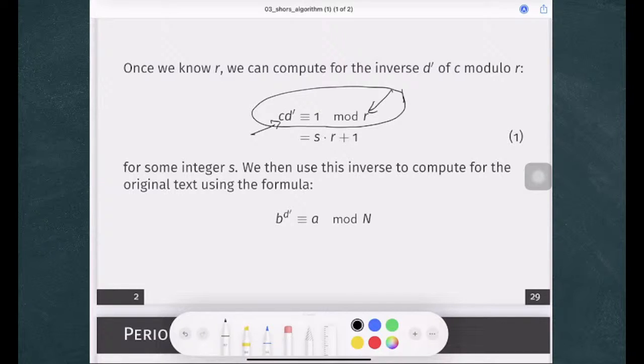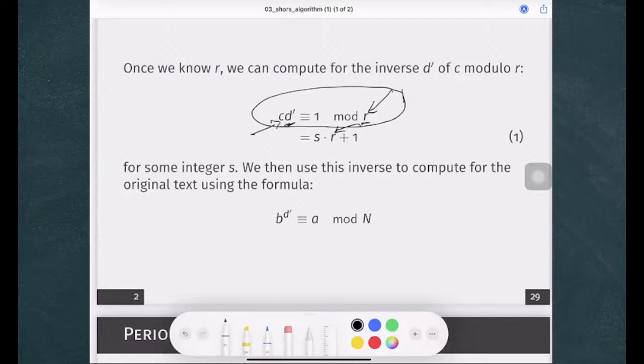It means that there is a number S. We don't care what S is as long as S exists, such that S times R plus 1 will give you C times D. D here is your unknown, so you solve for D. It's very easy to solve this, and the algorithm is very efficient.